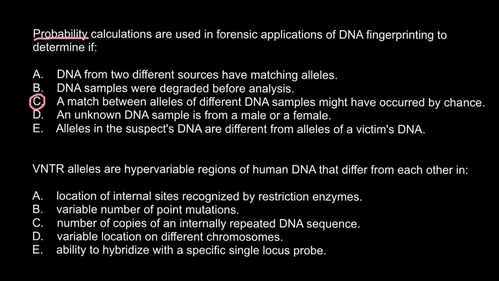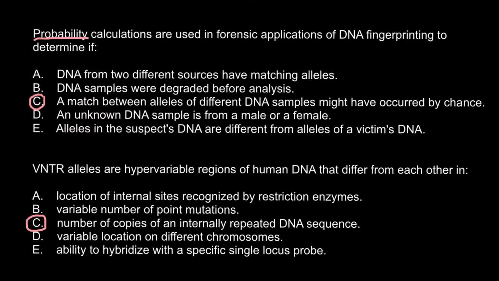Answer C. Number of copies of internally repeated DNA sequence. Answer D. Variable location on different chromosomes. And answer E. Ability to hybridize with specific single locus probe. And the correct answer would be answer C. Number of copies of internally repeated DNA sequence.